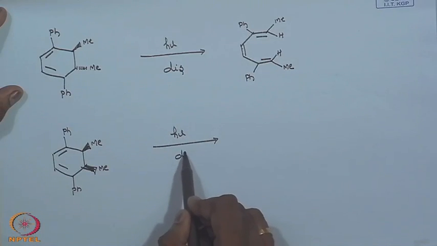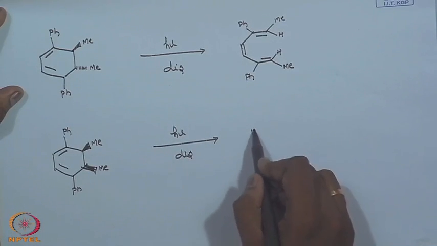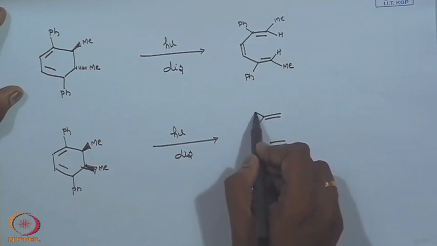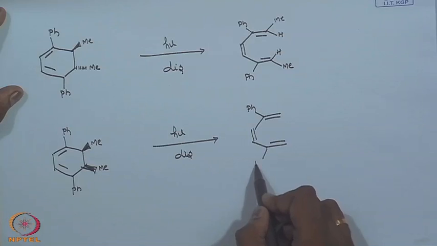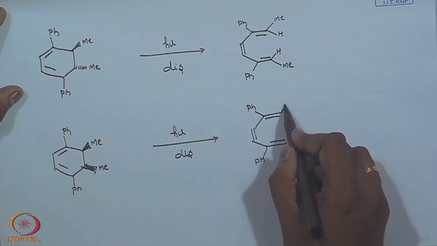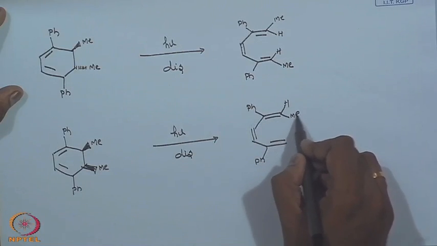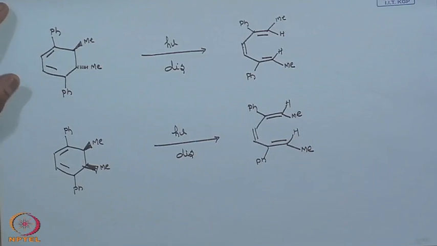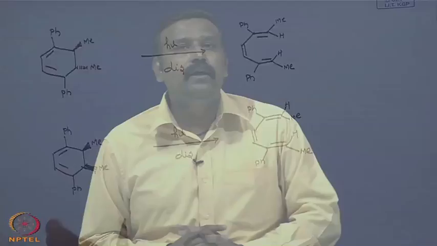Again, it is this, but I get exactly the different product of this. Phenyl, phenyl, I get the reverse hydrogen and methyl. Fine. So these are some good examples of your ring opening system.